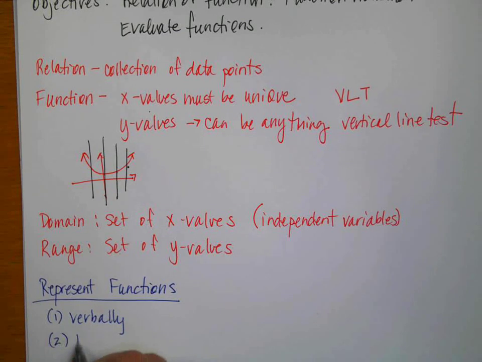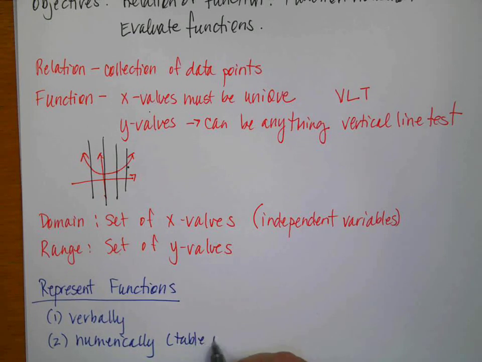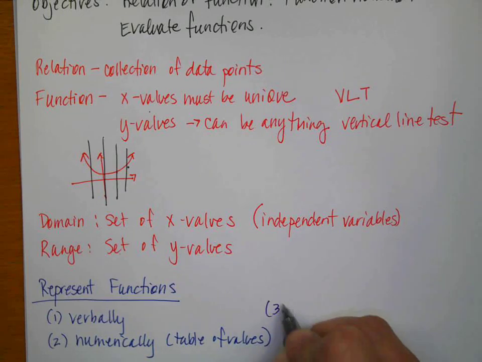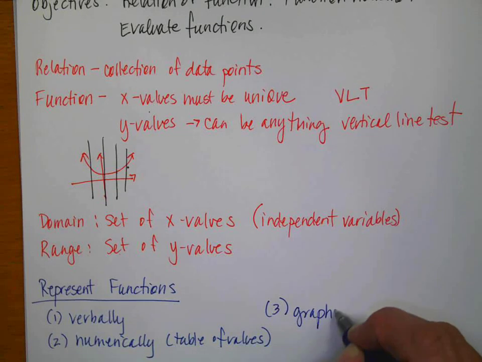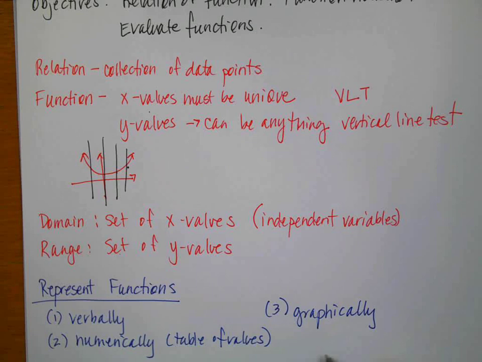We can talk about it numerically, and oftentimes that would be like a table of values. The third thing that we might want to do is talk about it graphically, and that's kind of handy. We like looking and talking about functions graphically. And then the last one would be talking about it algebraically.